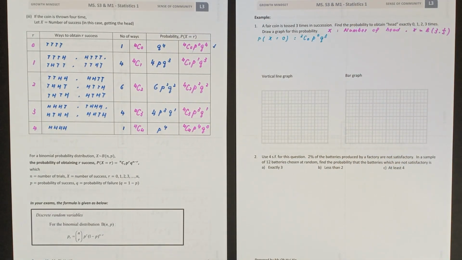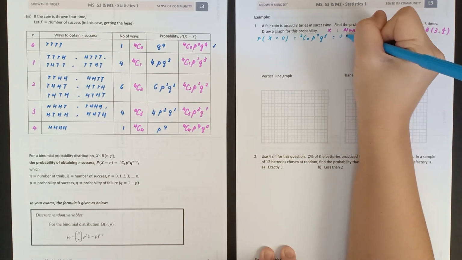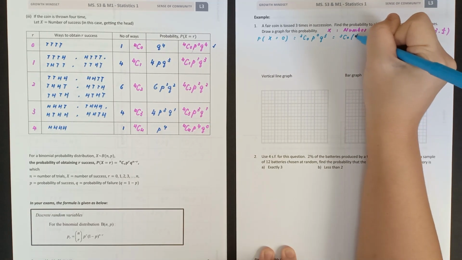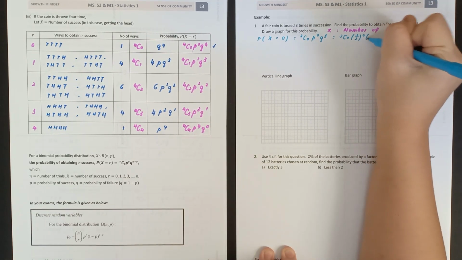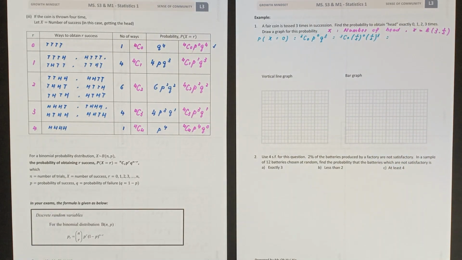Then it equals 3C0, your p is 1 over 2, meaning your q is 1 over 2 also, then power of 3. You just use your calculator to get the answer, which in this case is a fraction, 1 over 8.